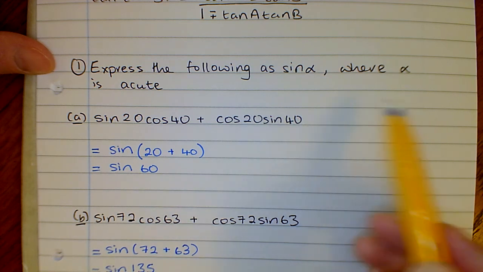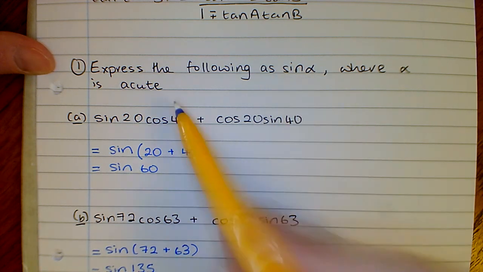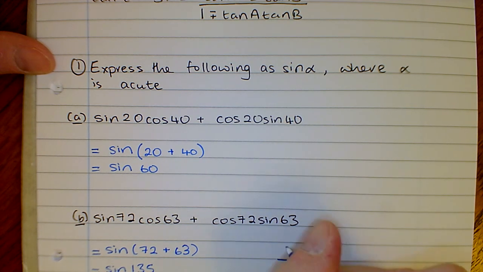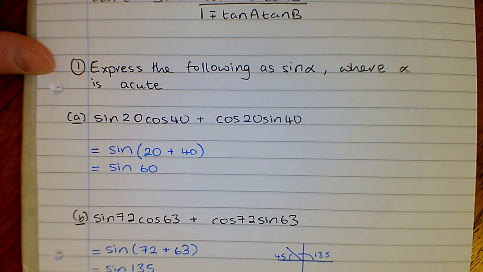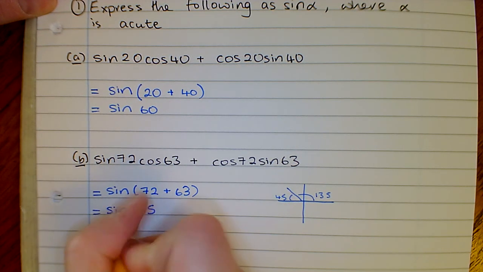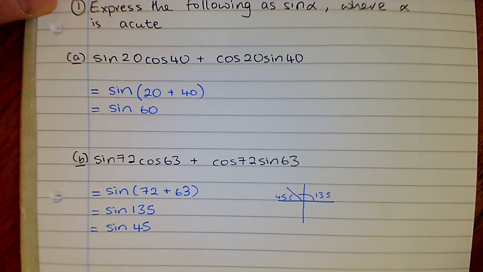Now the question asked to write it as sine alpha, where alpha is acute. Obviously 135 is not acute, so this is where you have to use everything that you know about angles. So we know that sine of 135 is the same thing as sine 45.